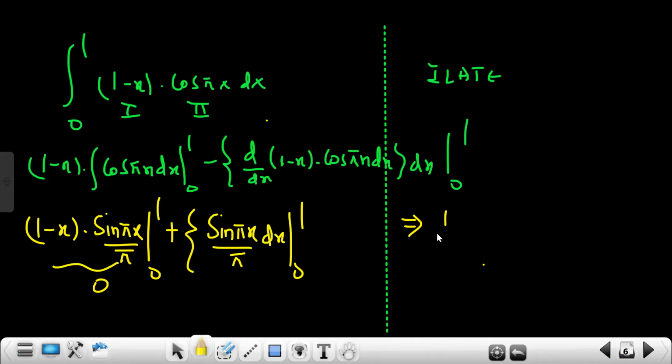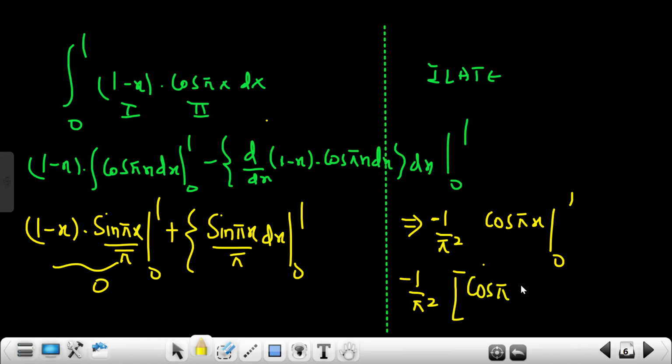So it would be 1 upon pi square, cos pi x from 0 to 1. So minus 1 upon pi square, it would be cos pi minus cos 0. So it is 2 by pi square. So this value is 2 by pi square.